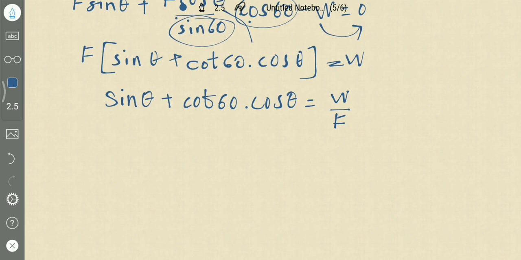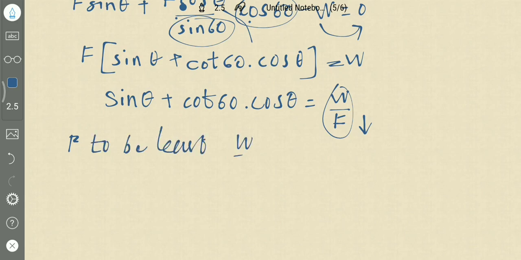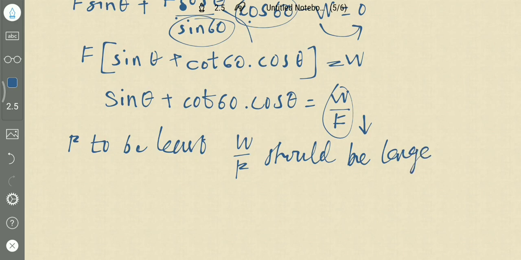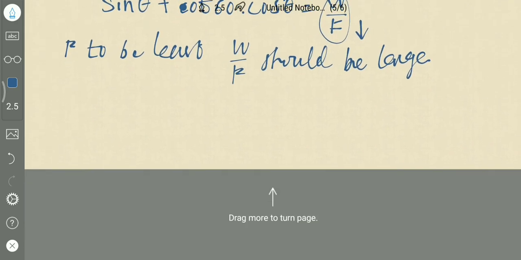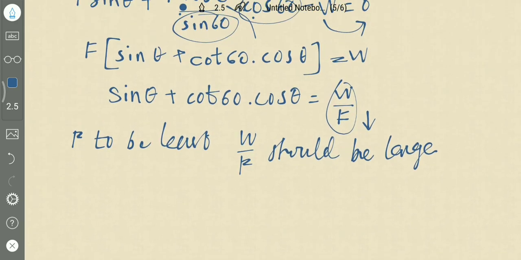So for F to be least, this to be least, the value of W by F should be large. So when does the maximum value reach?